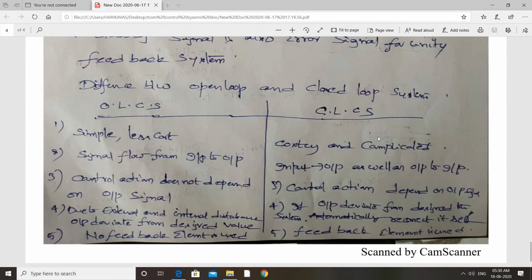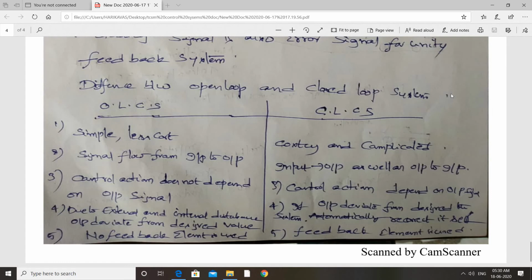No. Here the control action depends completely upon the time setting only. Whether it is a very neat cloth or a dirty cloth, the cleanness of the cloth depends upon the time setting only, not upon the output signal.